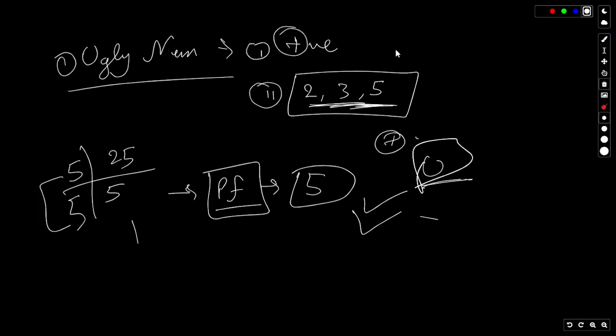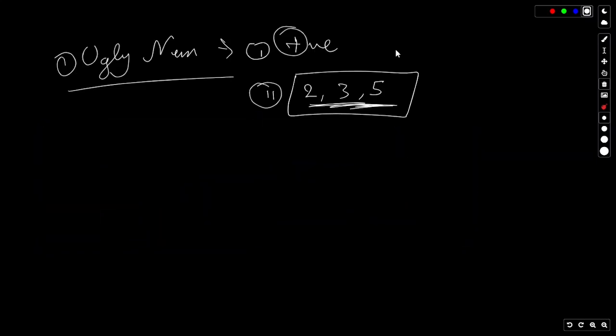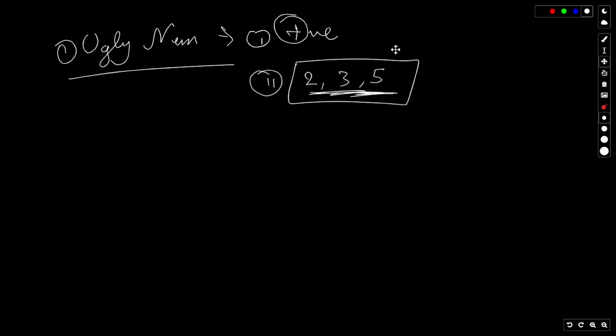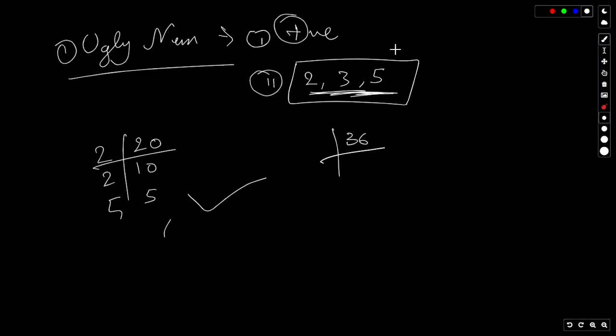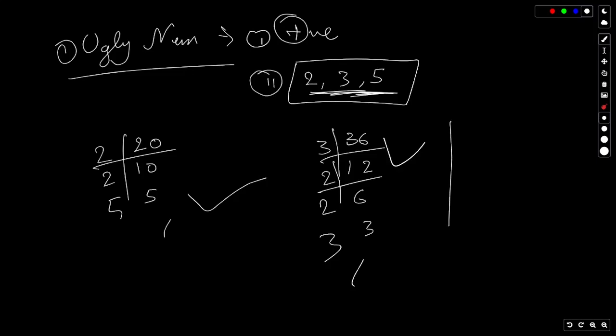So this is an ugly number. Similarly, 20 is 2, 10, 2, 5, 5, 1, which is also an ugly number. Let's say 36, this is also an ugly number.